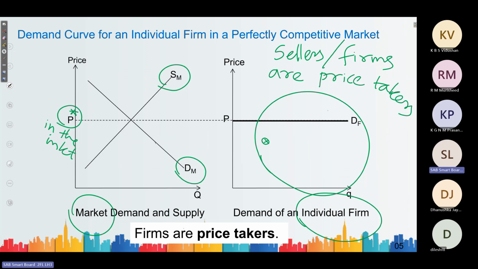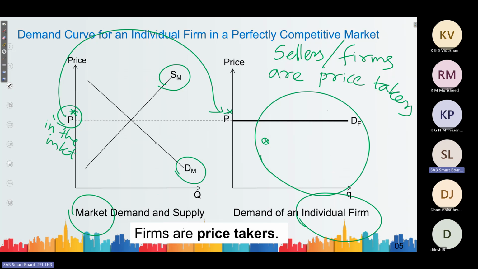Therefore, this individual firm has to follow the price determined in the market. So this individual firm takes the price determined in the market as its own price.